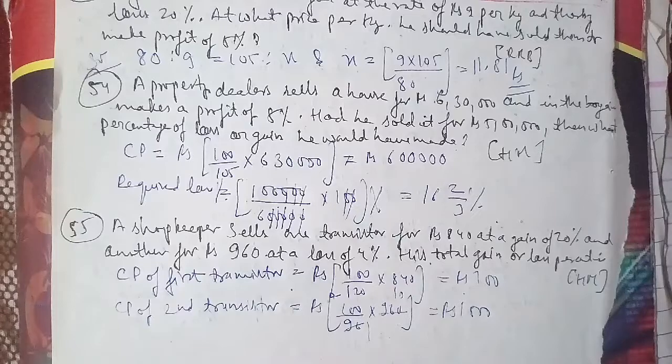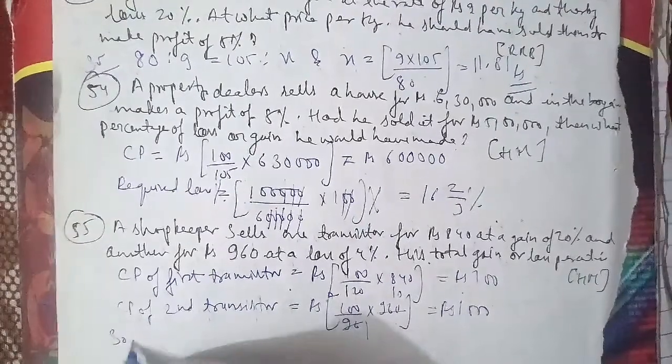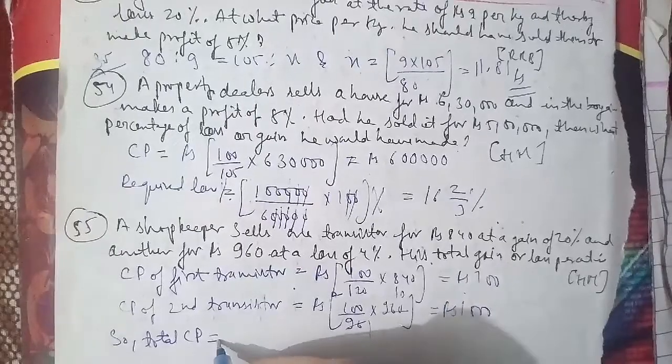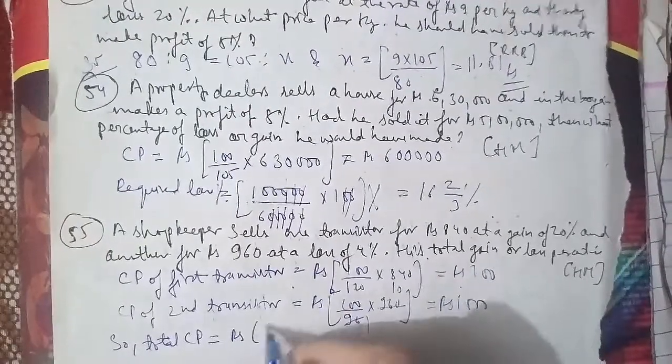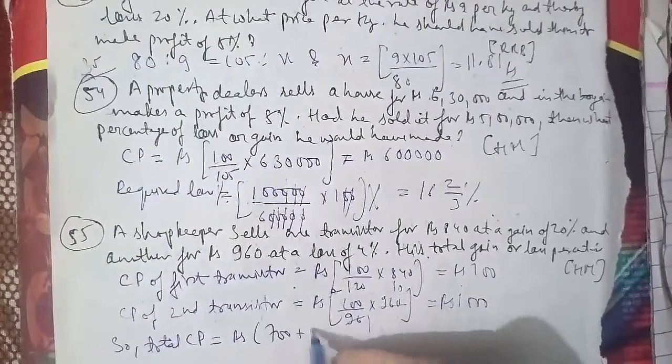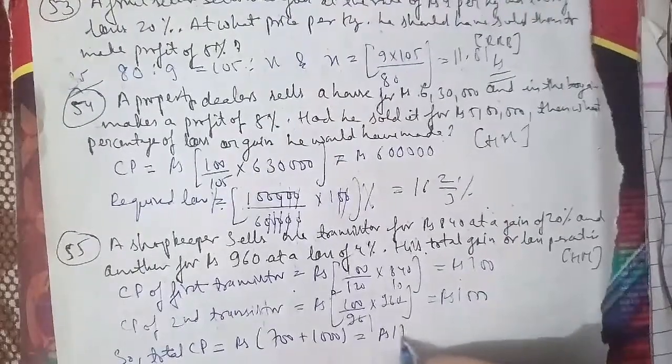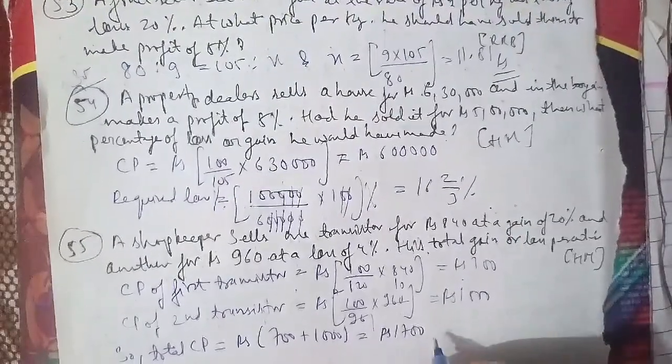So total CP is equals to rupees 700 plus 1000, which is equals to rupees 1700.